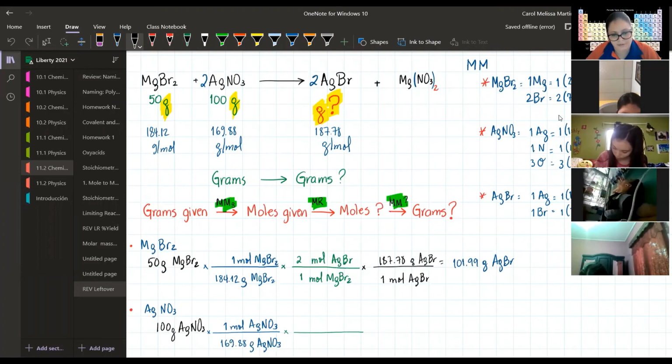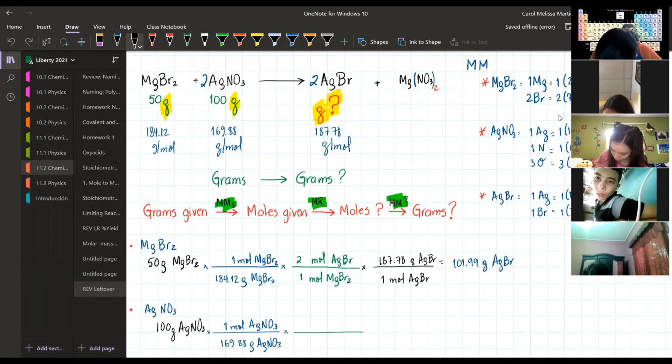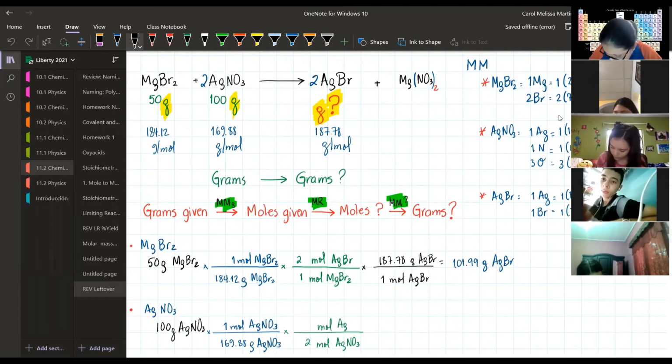So the molar ratio between the unknown and the given. How many moles of silver nitrate I have? 2. And how many moles of silver bromide I have? 2.